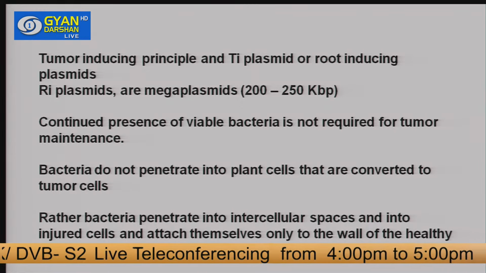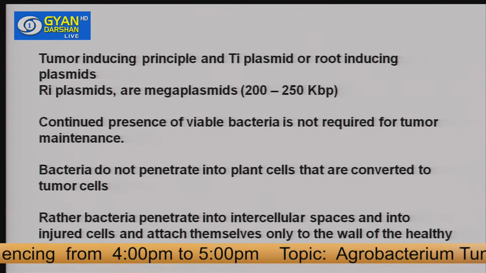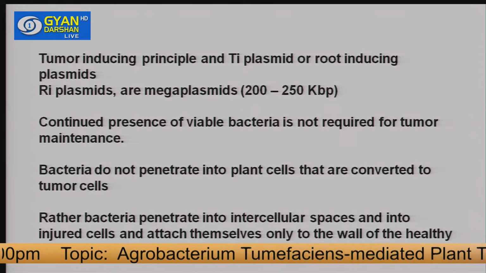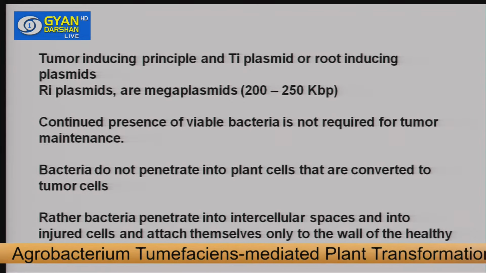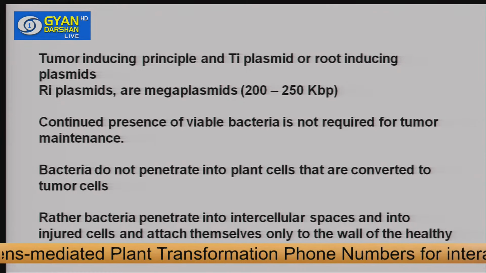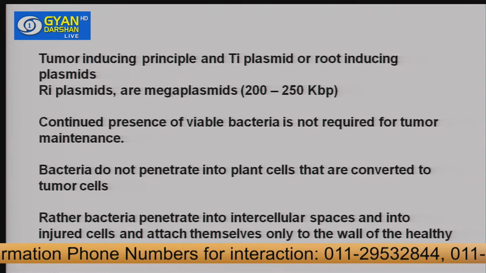If it is Agrobacterium rhizogenes, then they have the Ri plasmid, which induces root hair formation, the hairy root disease as we say. Again, I am not talking of the Ri plasmid. I will be mostly talking on the Ti plasmid.